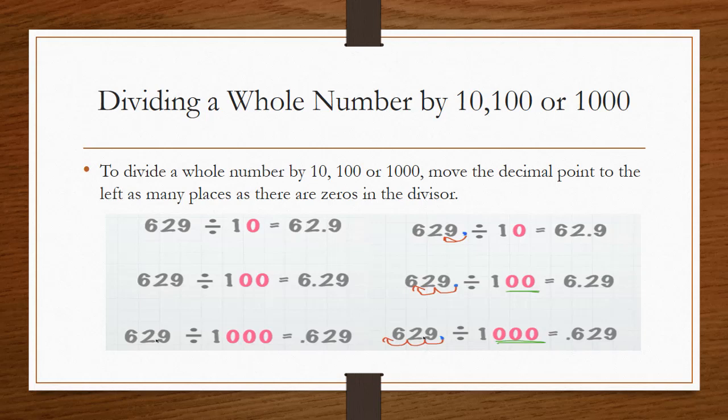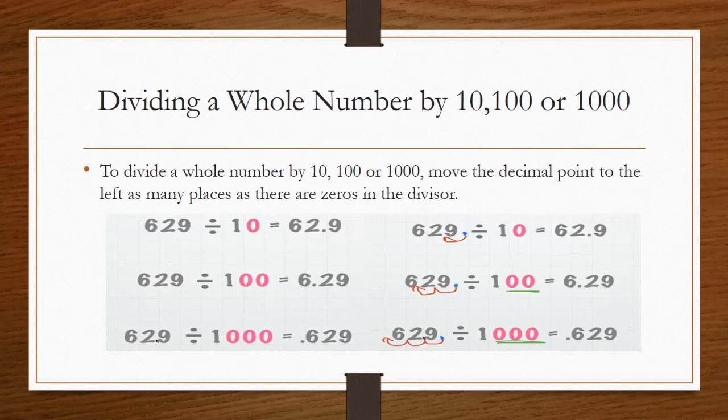I repeat, to divide a whole number by 10, 100 or 1000, move the decimal point to the left as many places as there are zeros in the divisor. That means we imaginarily keep a decimal point after the number.